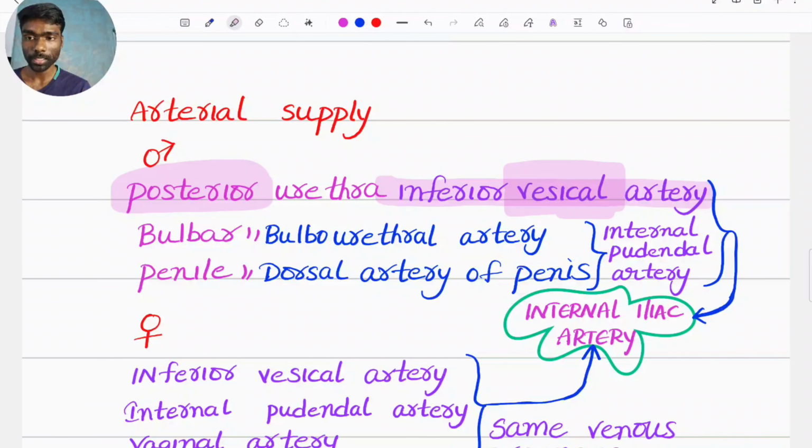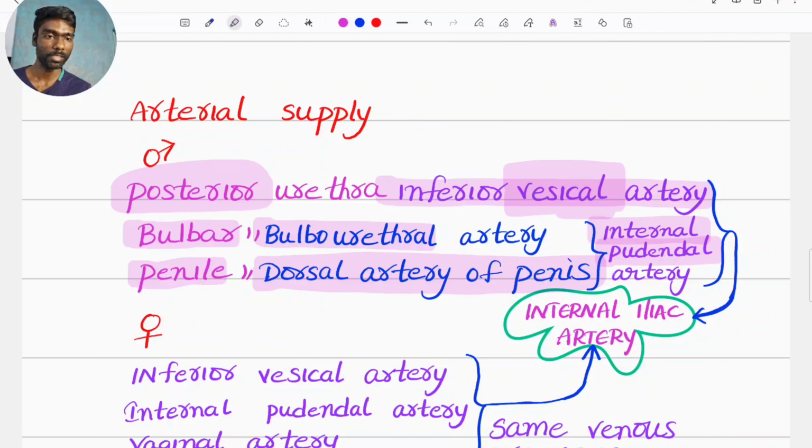Coming to the distal anterior part of the urethra, the bulbourethral artery, the dorsal artery of penis. These both are branches of the internal pudendal artery. Both the internal pudendal artery and inferior vesical artery are branches of the internal iliac artery. Ultimately, the blood supply is from branches of the internal iliac artery.